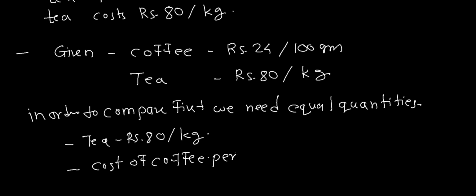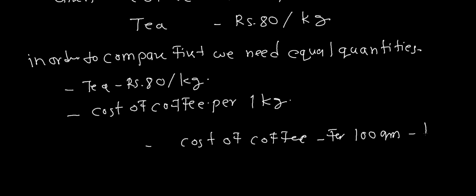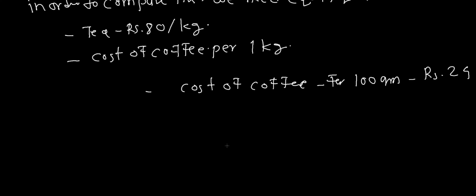As tea is given per kg, we will first find out the cost of coffee per 1 kg. So to find out, what we have got is that coffee is for 100 grams at rupees 24. So the cost of 100 grams of coffee is rupees 24.